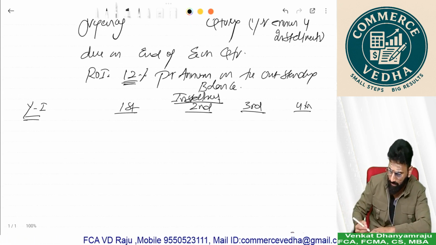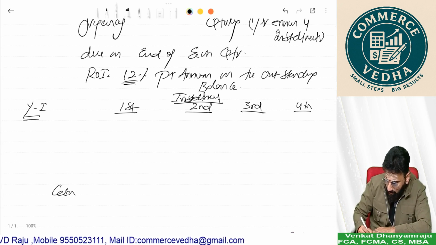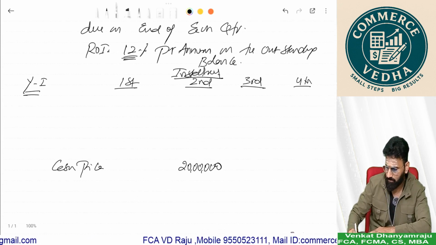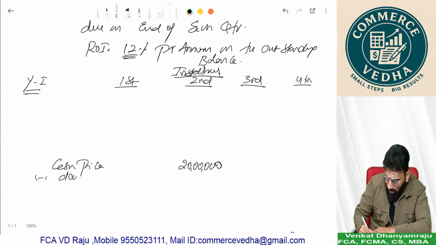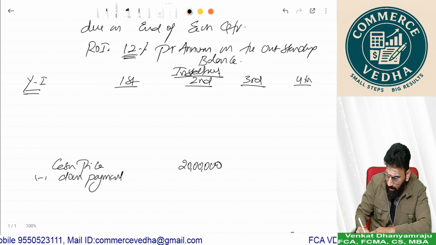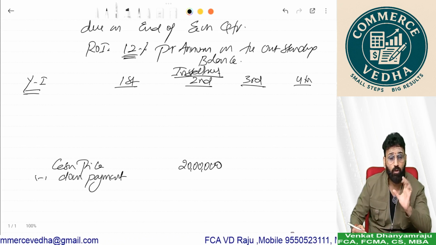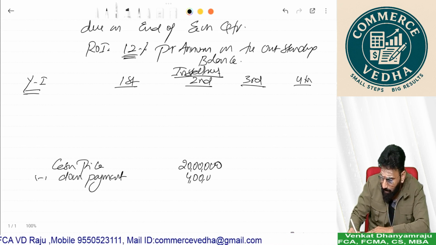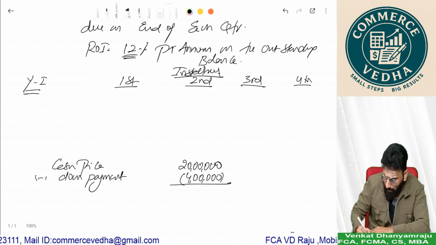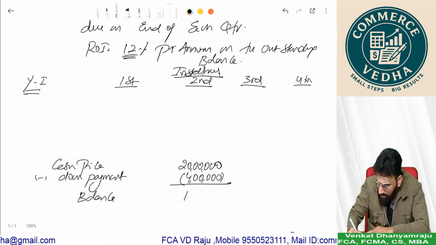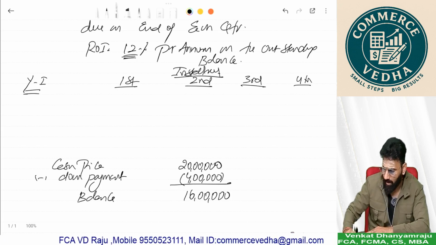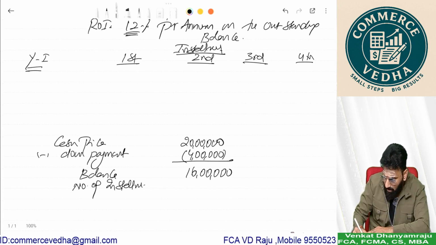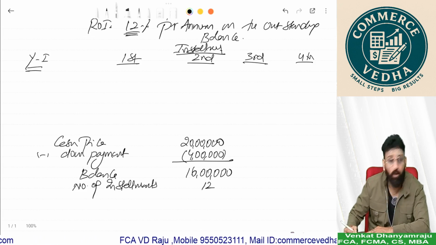How do we compute these installments? I should know first cash price. Cash price 20 lakhs less down payment, which is also called as signing amount. It is also called as on signing the agreement. So it says 20% means 4 lakhs. So balance 16 lakhs and number of installments 12.